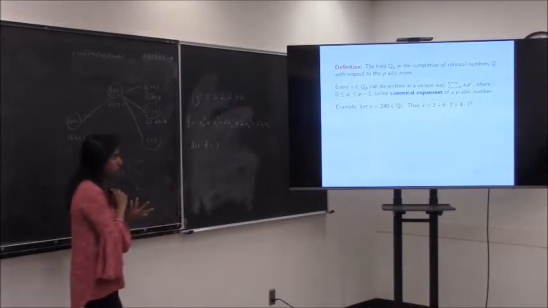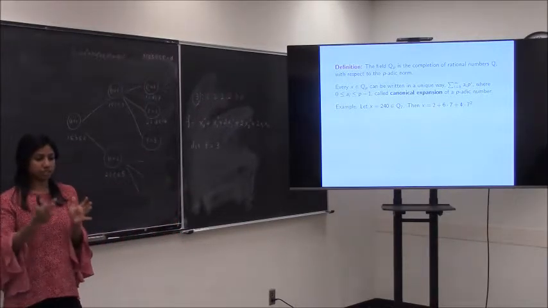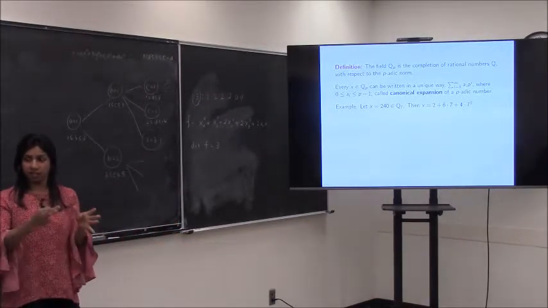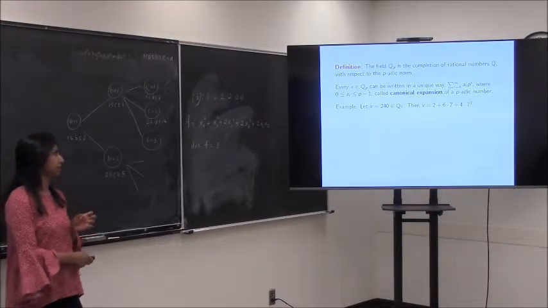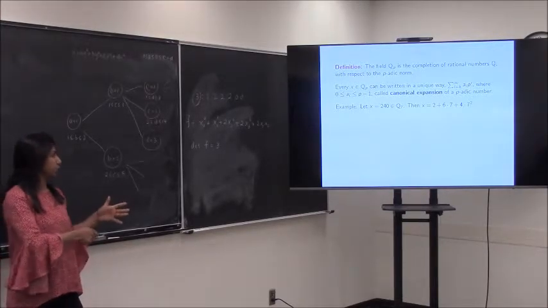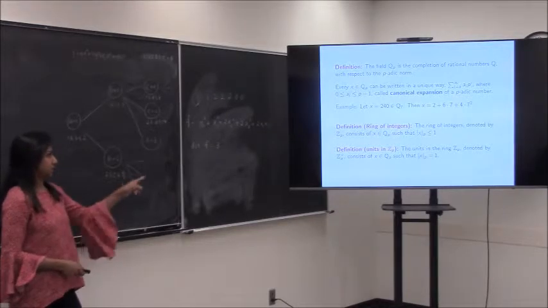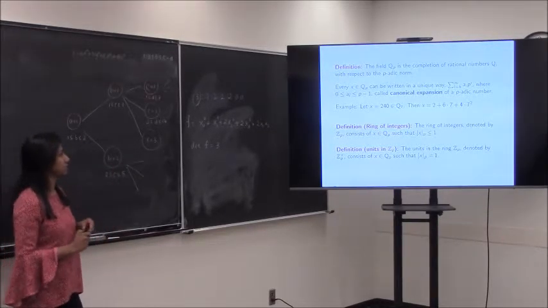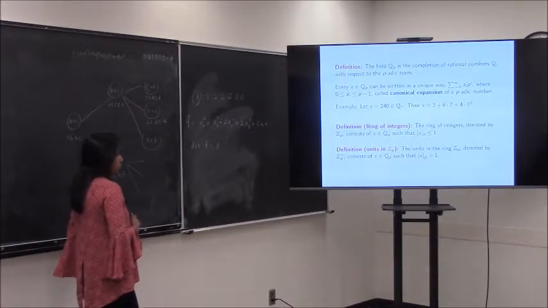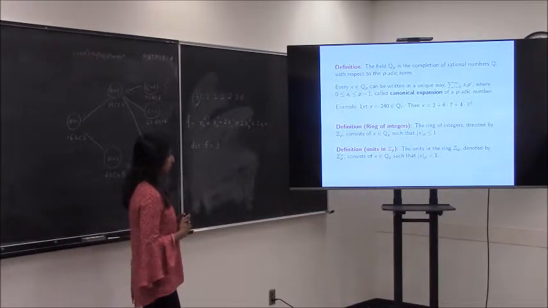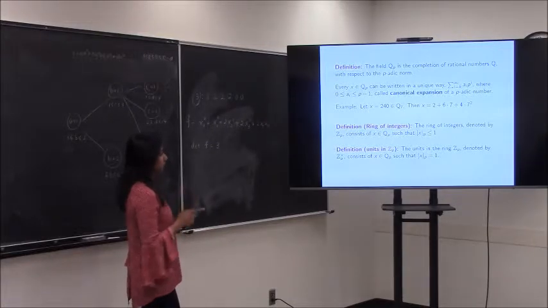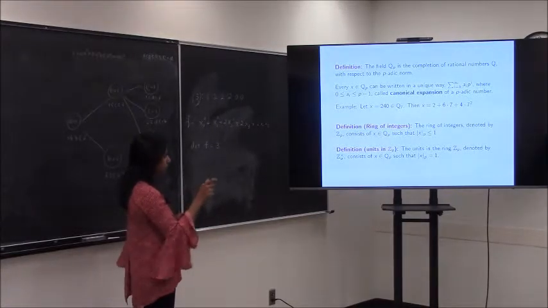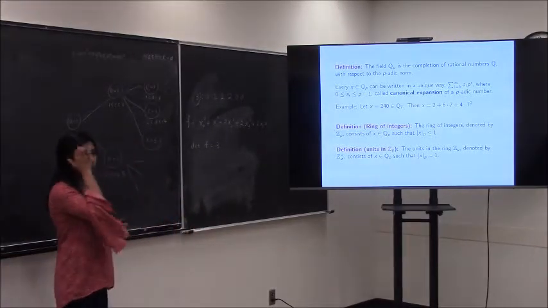Now you know that we identify integers in the rational number set. Likewise, we can identify integers in Q_p also. We can use the norm to identify the integers inside Q_p. The ring of integers, denoted by Z_p, consists of the elements in Q_p such that the norm is less than or equal to 1.